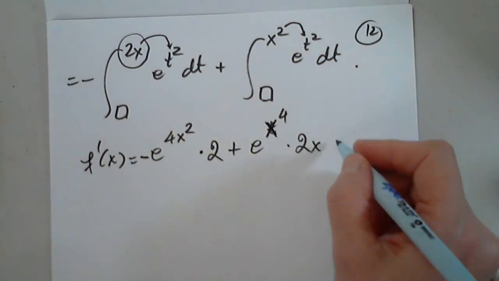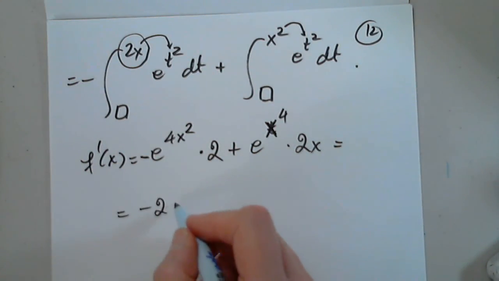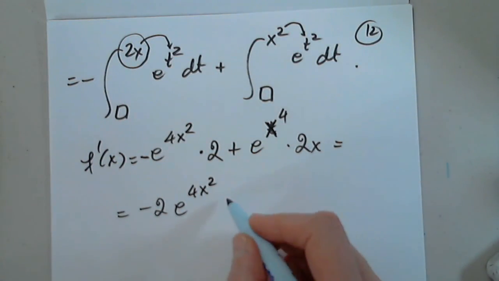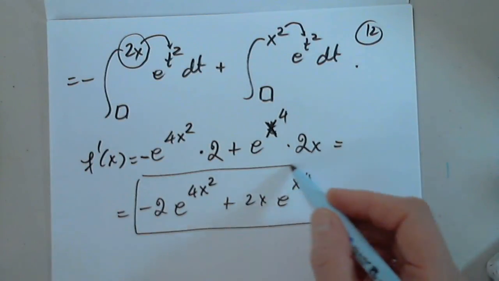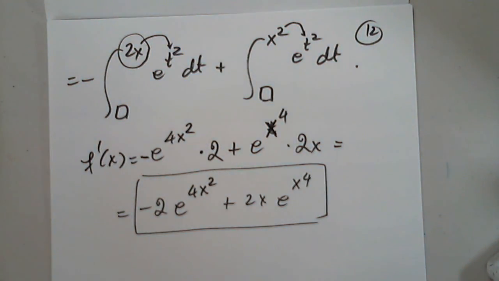And this is it. You can rearrange it if you'd like: negative 2e to the 4x squared plus 2x e to the x to the 4th. You're only asked to differentiate the integral. You're not asked to do anything else. There are other applications of this, but they all involve differentiation of this function, most of them. I can't think of anything that does not.